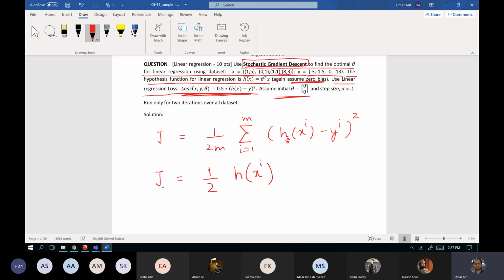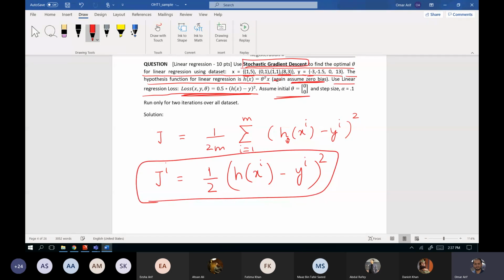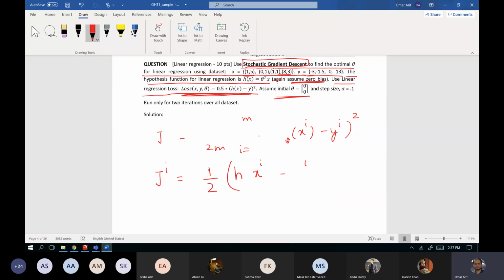Just for that example, so this is the loss for the ith example. So I will compute the gradient of this with respect to theta and update my theta parameters, and then move to the next iteration. So the question is clear to all now, the loss function and everything. Okay, let's now move forward to the solution.